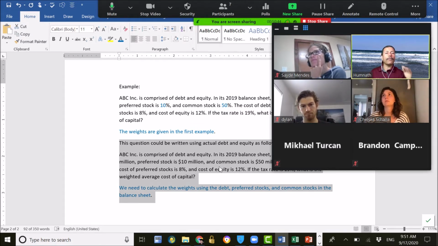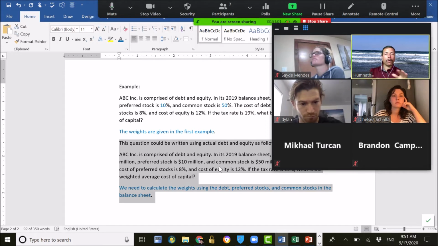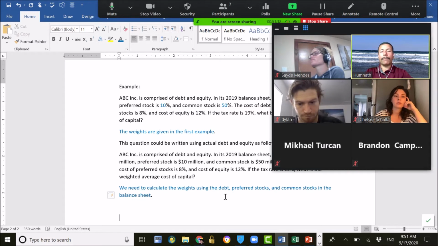I think you have one homework problem where you're going to be using market information, versus using the historical information, which is the book value. So book value versus market value. For example, I give you an example.